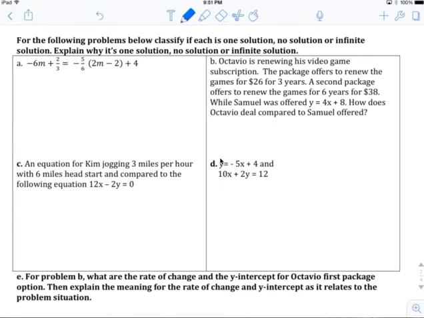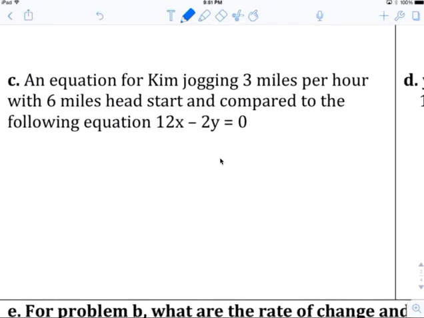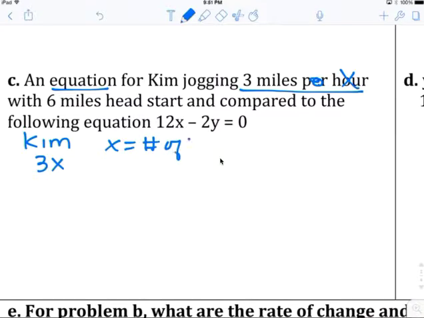Okay, and we did this in class, but I also want to show another way. We did a lot of substitution in class, but the other way you can do this is: 3 miles per hour. That's Kim's jogging time. Okay, 3 times x. X represents the number of hours. So Kim's is 3x. X represents the number of hours. And y equals, because it's an equation, y is, because he's jogging, distance.